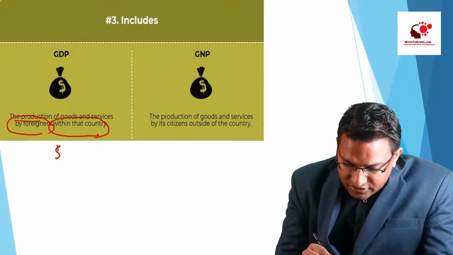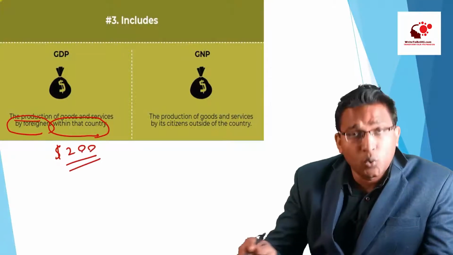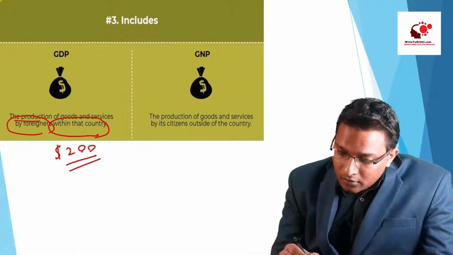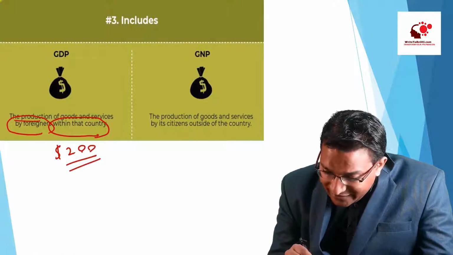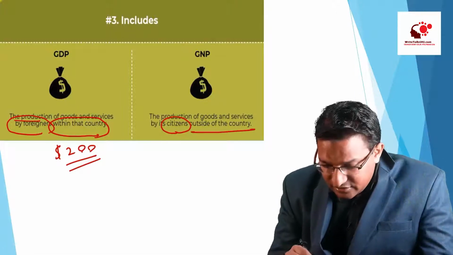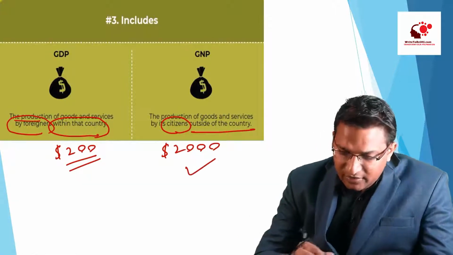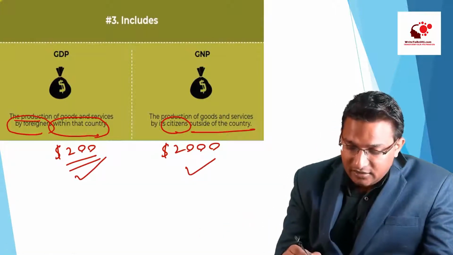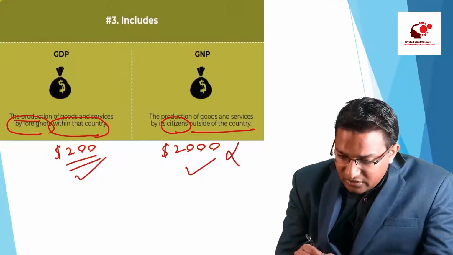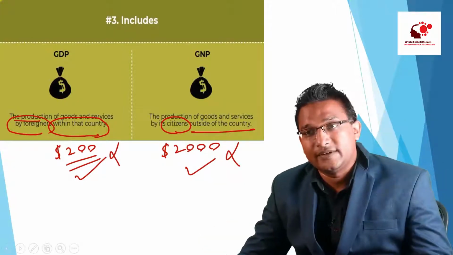So for example, Mr. Robert's $200 contribution. The production of goods and services by its citizens outside the territory, so $2,000, will be part of the GNP but it will not be part of the GDP.